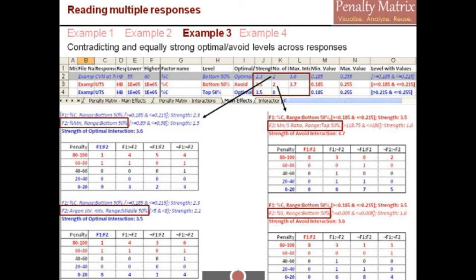Similarly, you get carbon with manganese. Manganese you want to be in the bottom 50%, and argon stir should be in the middle 50%. You see the trend here: manganese you want low, and sulfur, if you keep it high, automatically the manganese to sulfur ratio would be low, because manganese is low, sulfur is high, and this ratio is low.